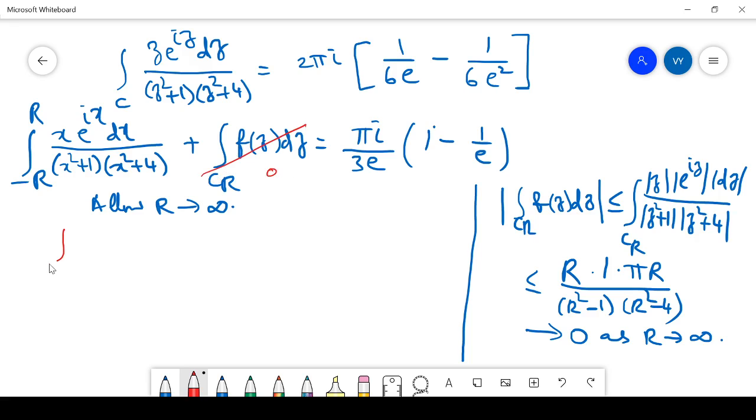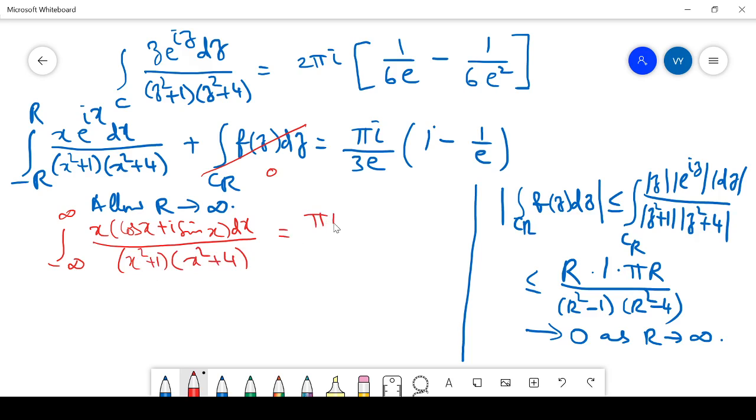So I will have the integral from minus infinity to plus infinity of x into (cos x plus i sin x) dx by (x squared plus 1) into (x squared plus 4) equal to pi i by 3 into (1 minus 1 by e).